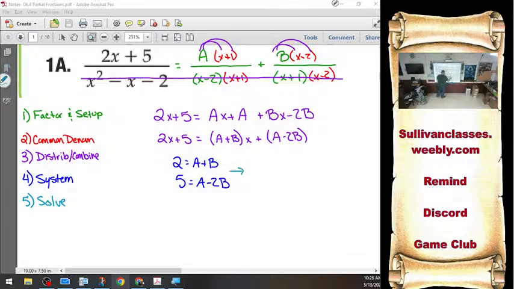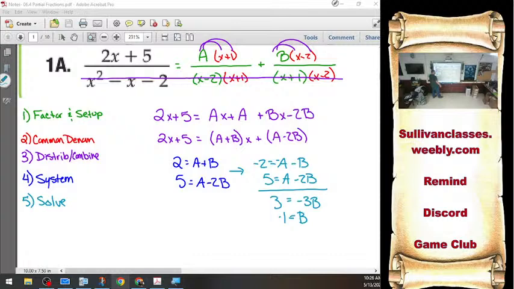Maybe I'll take top row by just -1, -2, negative a equals negative a minus b. 5a minus 2b, womp. Getting negative 3b is 3, b is -1. Plug it back in. If b is -1, add 1 to the other side. A is 3.